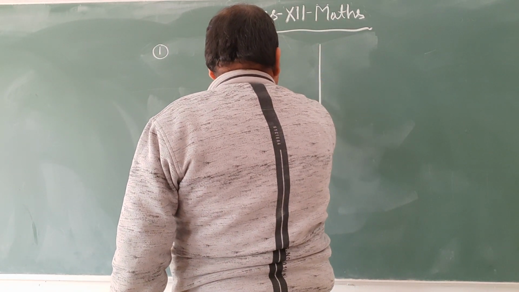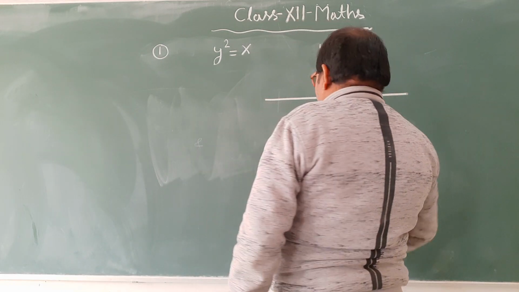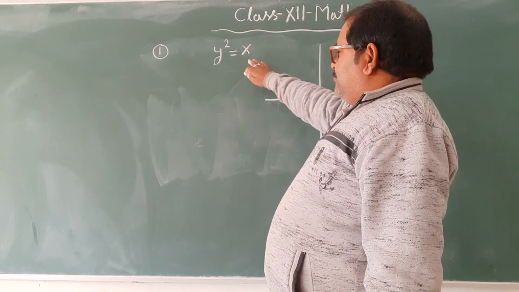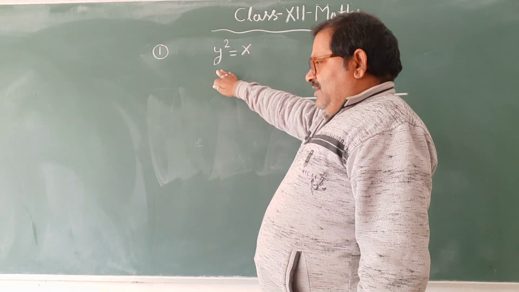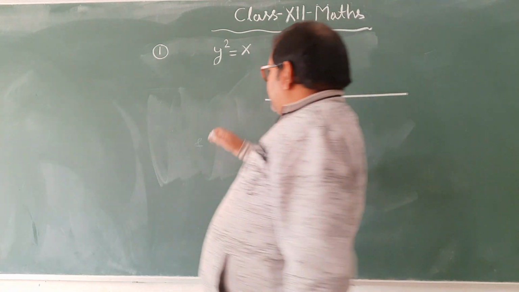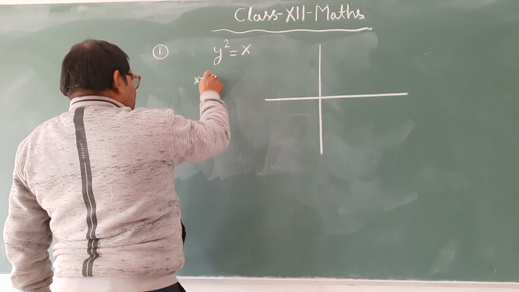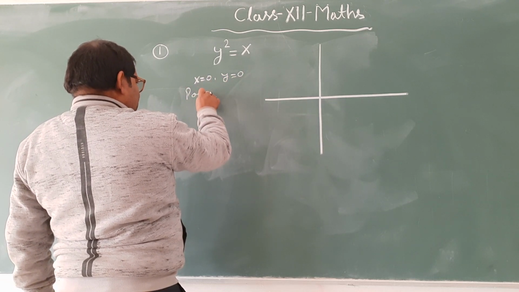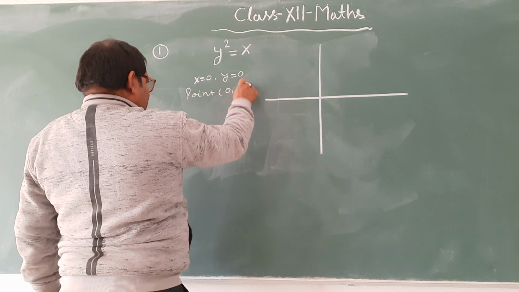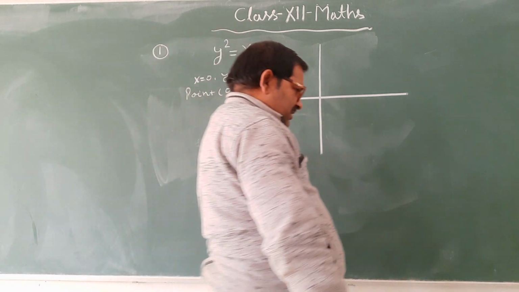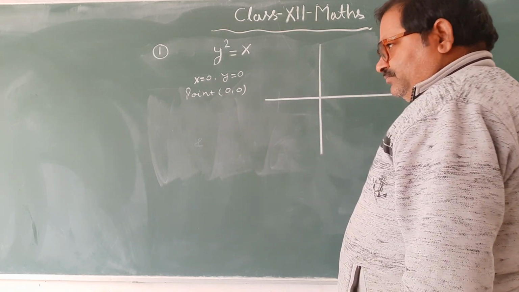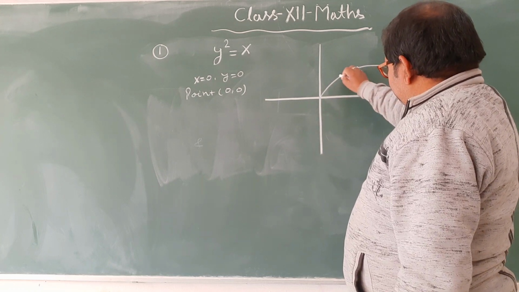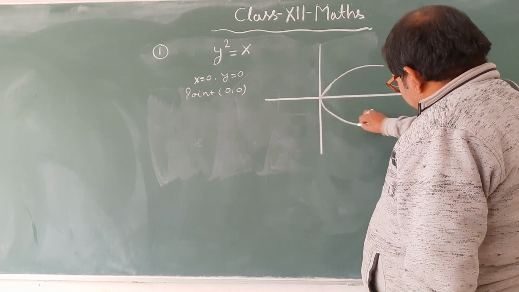If we put x is equal to 0, then y equal to 0. So point 0, 0. The vertex of parabola is 0, 0.